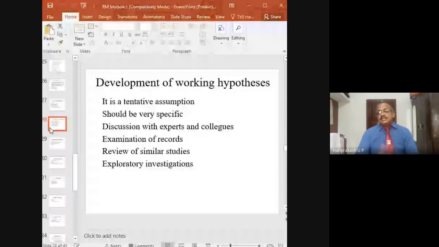Review similar studies, as I already said. Literature survey is nothing but reviewing similar studies in that particular area: what was their hypothesis, whether you can implement the same hypothesis, whether you want to change that hypothesis. Then exploratory investigation.